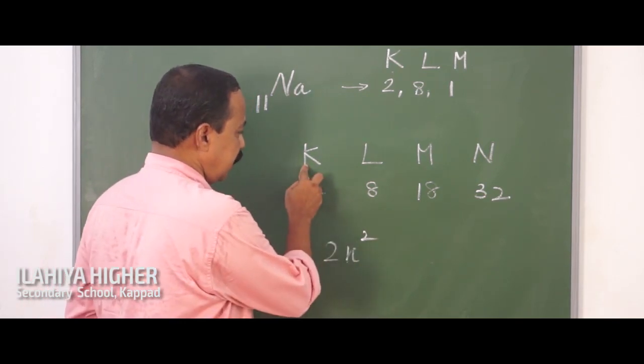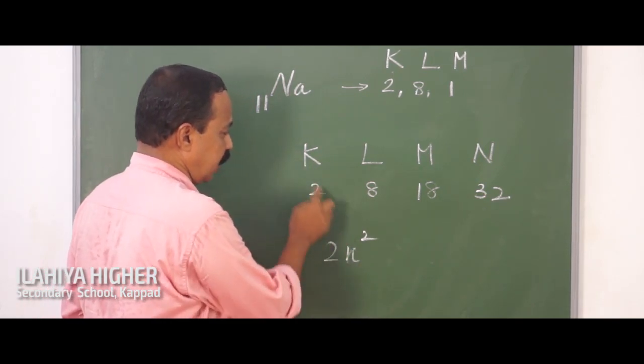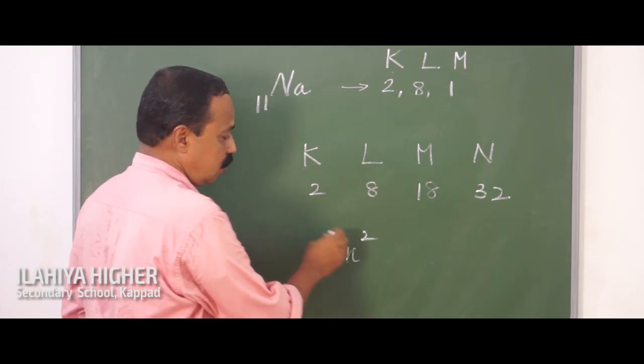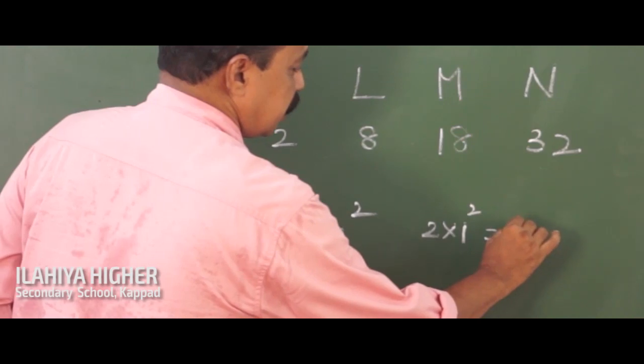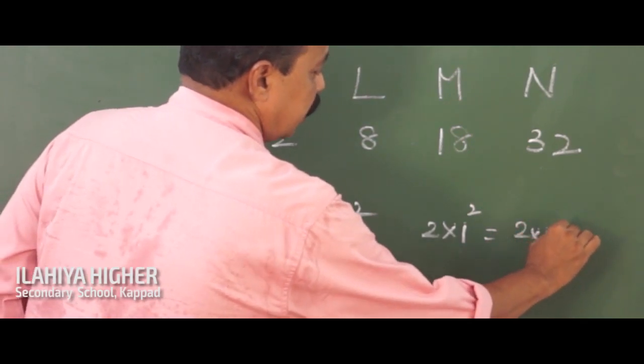In the K shell, n is equal to 1, the first shell. So 2 into 1 square, that is 2 into 1, equals 2 electrons.